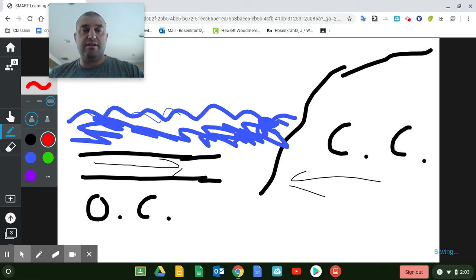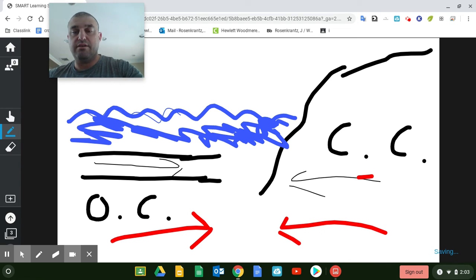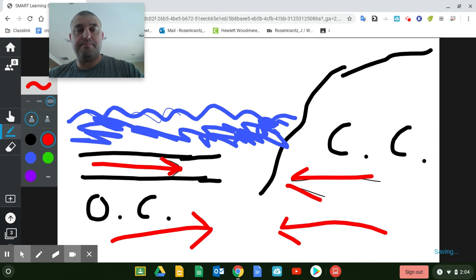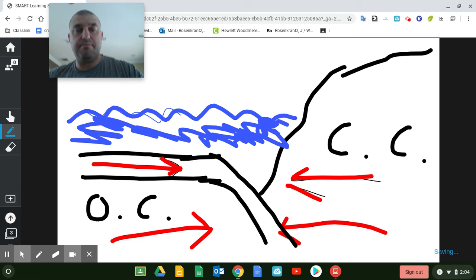All right, now let's draw in the magma. So the ocean crust is going this way. Now the continental crust is coming this way. See, they're heading for each other. And what's going to happen is this ocean crust is going to dive down. Okay?